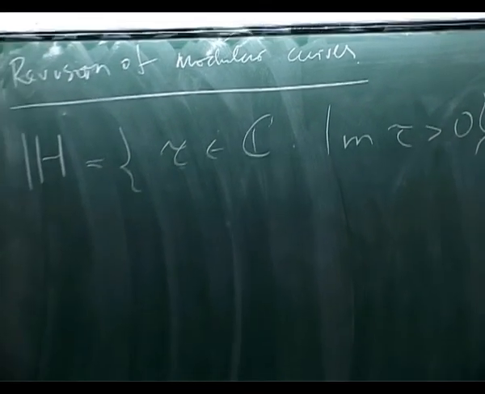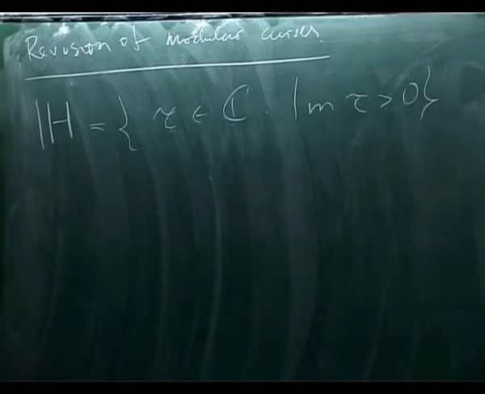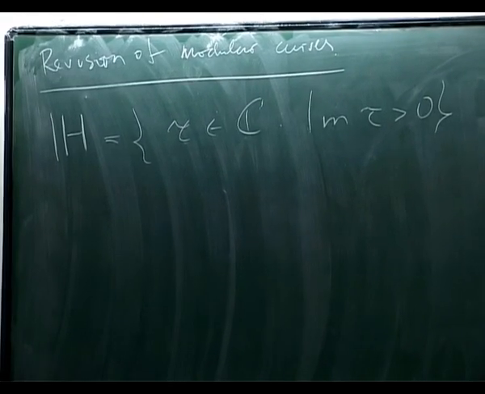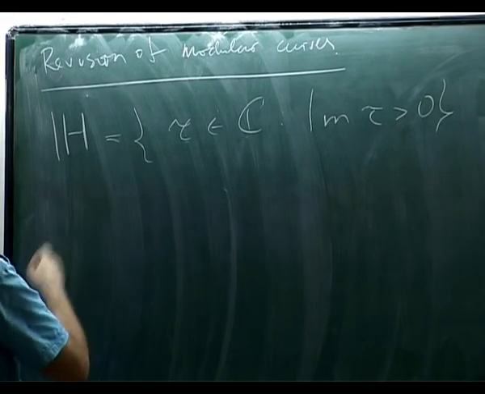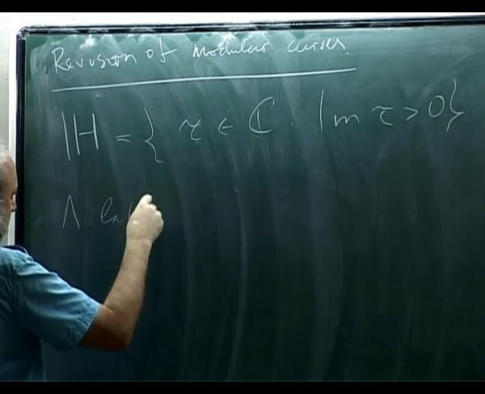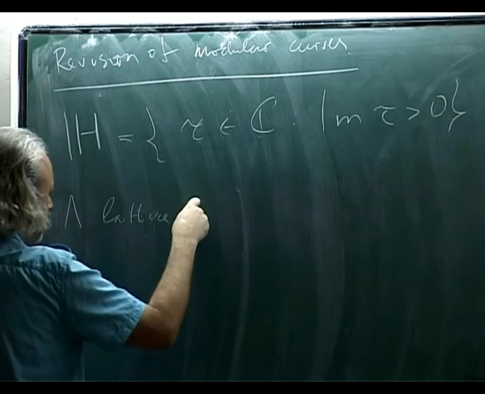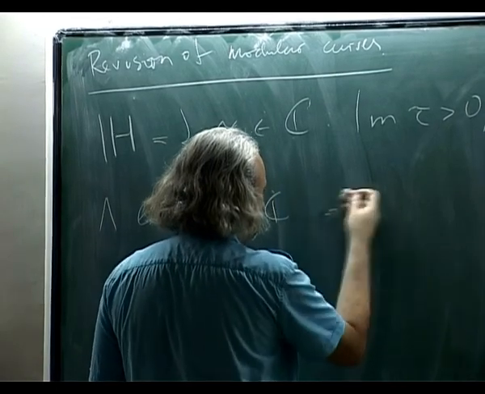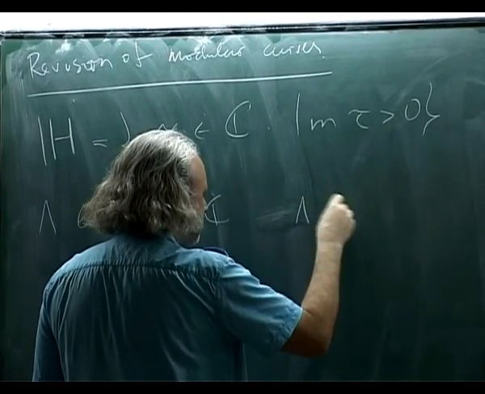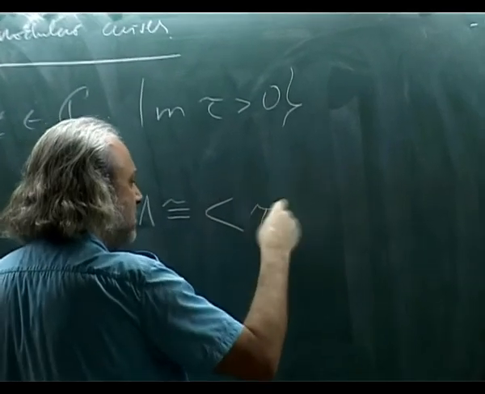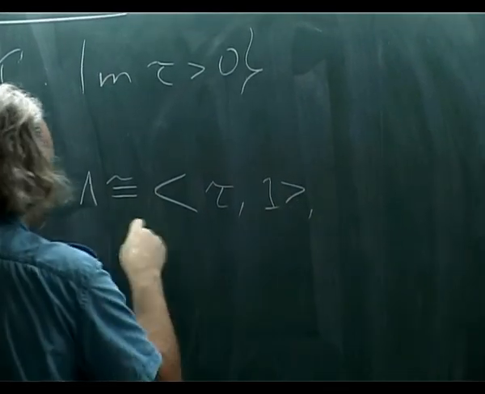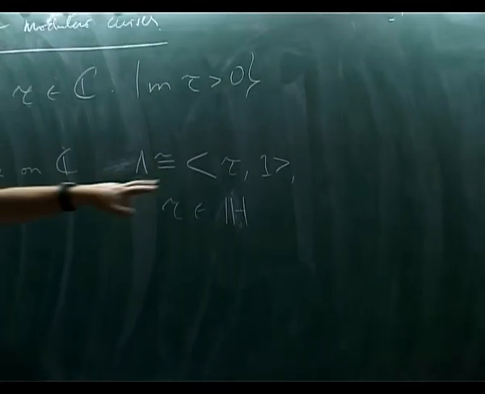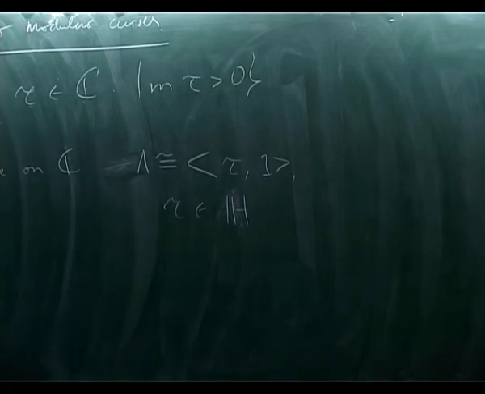We can also view H as sort of space of lattices. So if lambda is a lattice on C, then lambda is isomorphic to a certain lattice tau 1, where tau is in H. So we can always view every lattice as isomorphic to a lattice of this kind, of course.